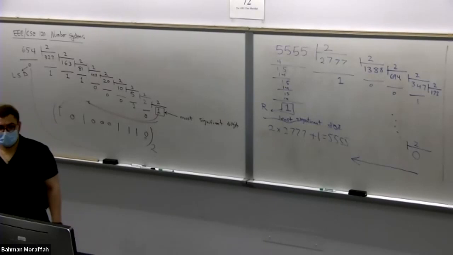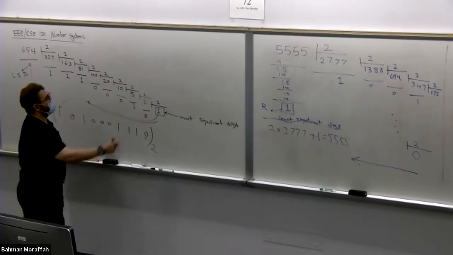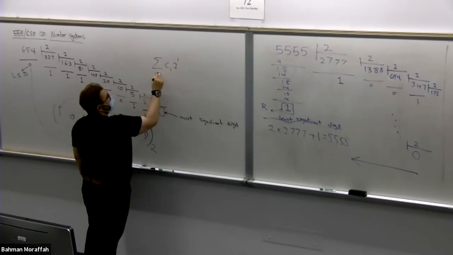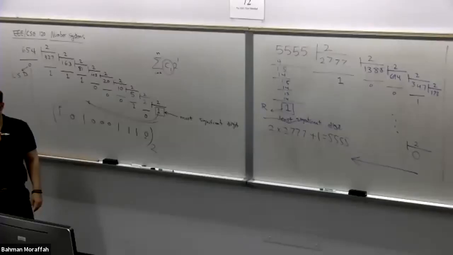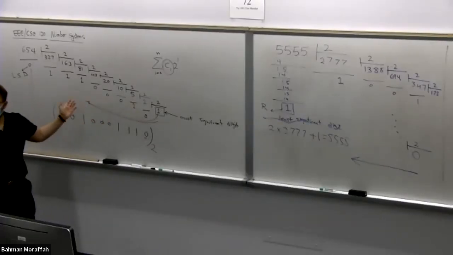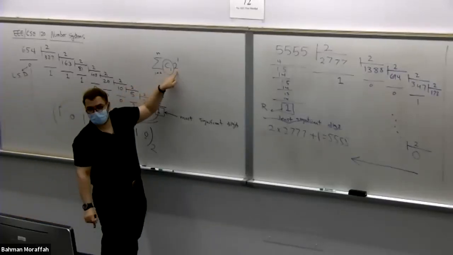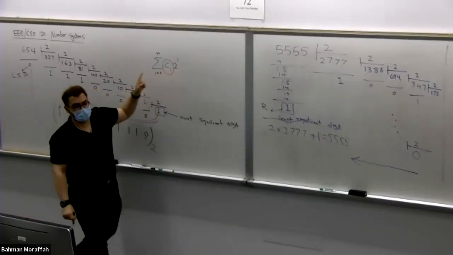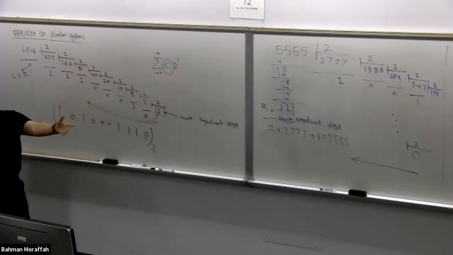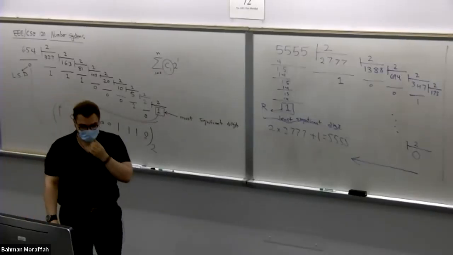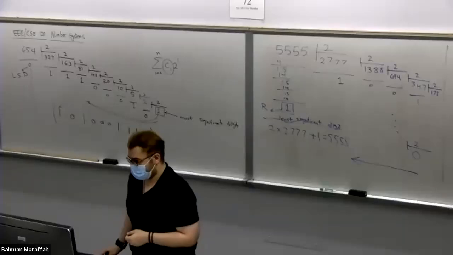This is basically a simple way to find these coefficients when you're writing it. Right? You want to find these coefficients, and this is a simple way of doing it. The idea behind it is that I'm looking for powers of 2. So by dividing it by 2 repeatedly, I'm actually extracting the powers of 2.